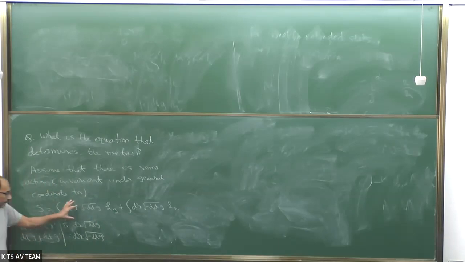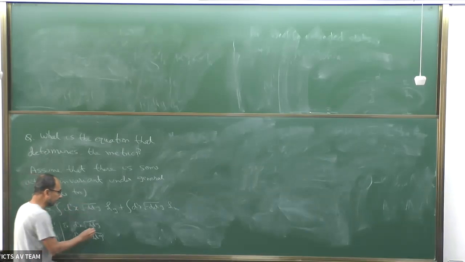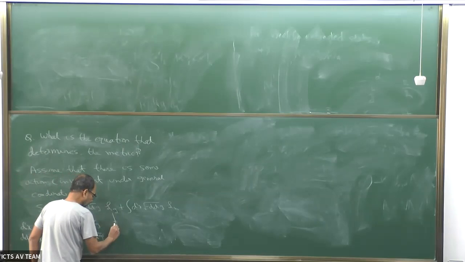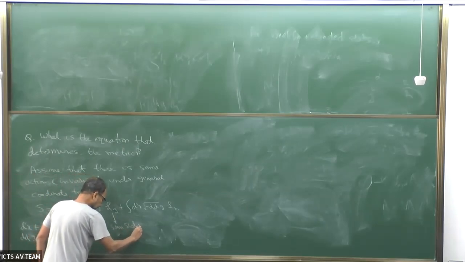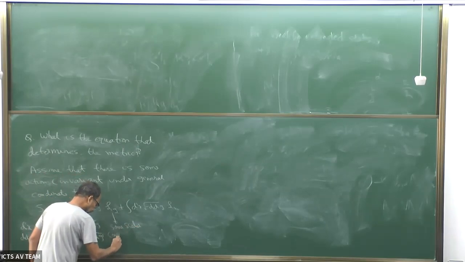That's why we write it this way. So once we know that this is general coordinate invariant, then this must also be general coordinate invariant. So this must be some scalar constructed from the metric.